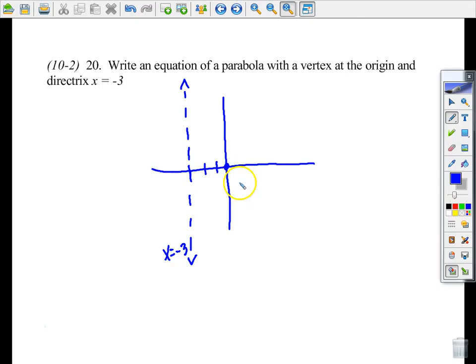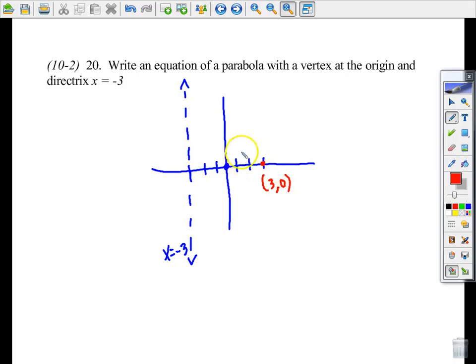The directrix is on one side of the vertex, 3 units away, and the focus is on the other side of the vertex, also 3 units away. So without even being told, I know that the focus is at the point 3, 0.